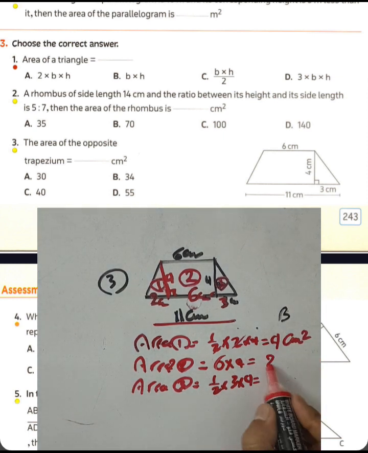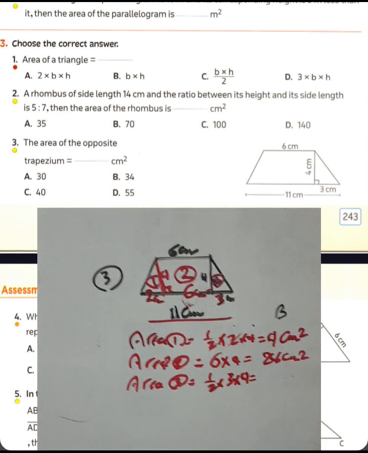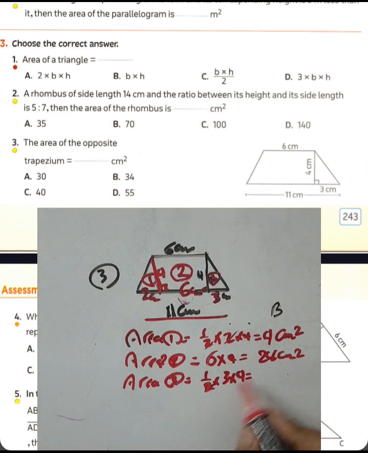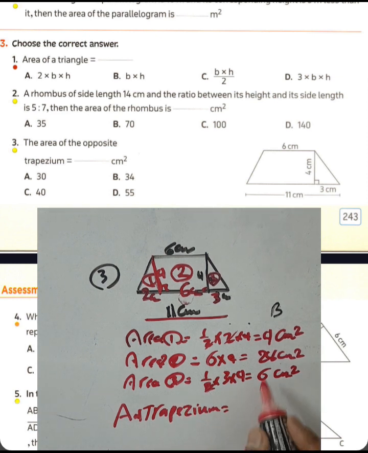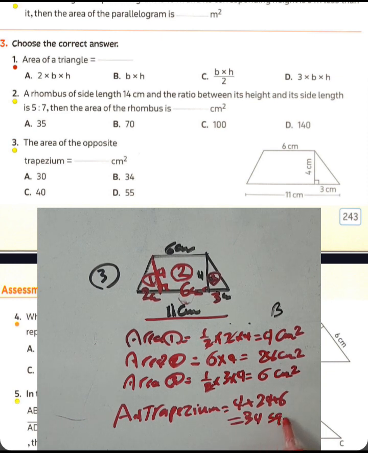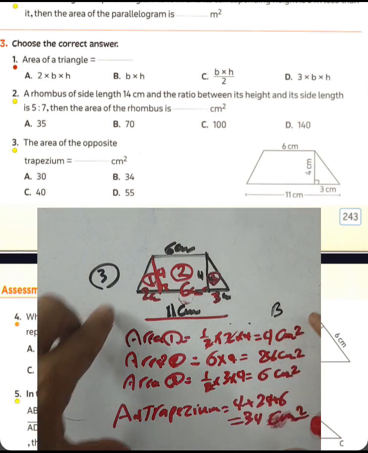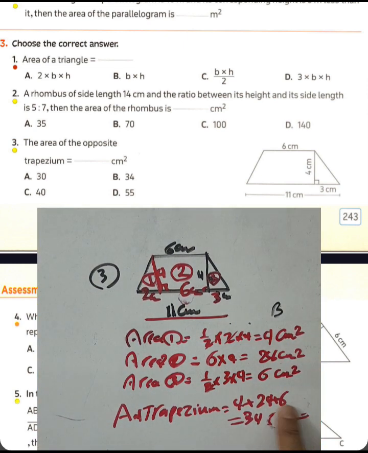And 4 times 6 equals 24 square centimeter, and 3 times 4 is 12, 12 divided by 2 equals 6 square centimeter. Then the area of the trapezium will be 4 plus 24 plus 6, it will be 34 square centimeter. Sure, you have two solutions. You can solve by this method or the last one, as you like. It's very easy for you.